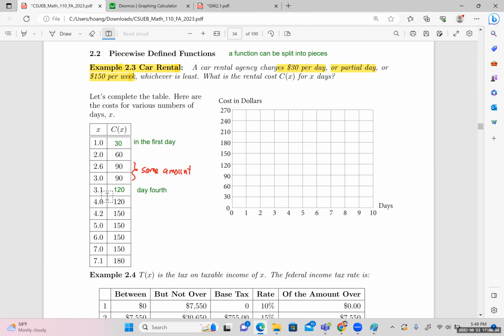That is the reason why we have the same amounts. If you use it from 3.1 days, a little bit more than 3 days, up to 4 days, you pay the same amount when you return at 11:59 p.m. on day 4.